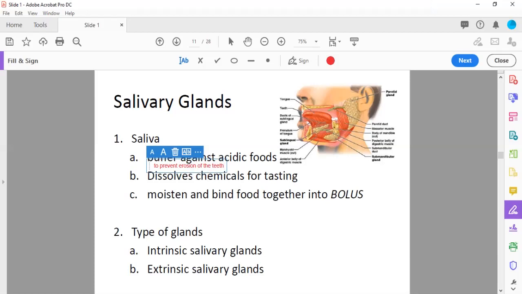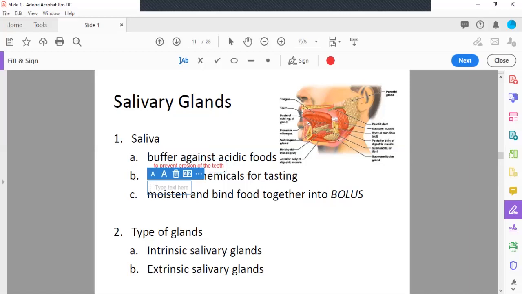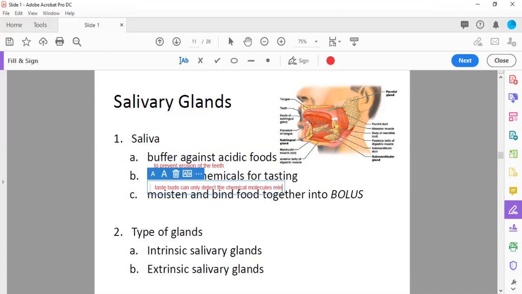The next function is that saliva dissolves chemicals for tasting. If you have a dry mouth, you can't taste the food that you eat. The reason why is that taste buds can only detect the chemical molecules released from food.